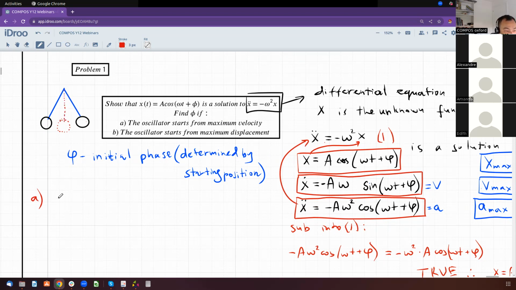So velocity is max when x is 0. So basically it says that when the oscillator starts from maximum velocity, when t is 0, x is 0. So we write down the equation. x of 0 equals a cos omega times 0 plus phi, and that's equal to 0.